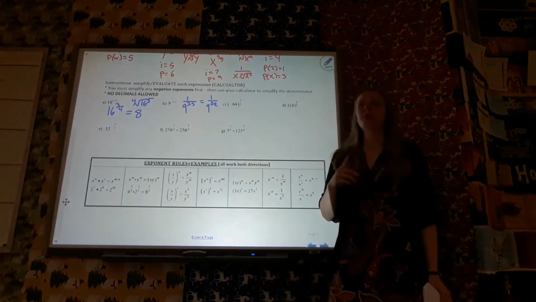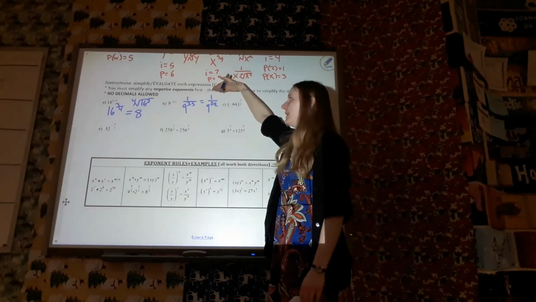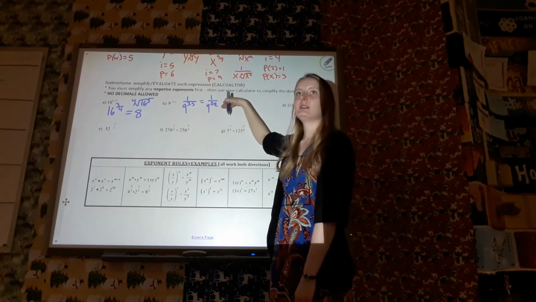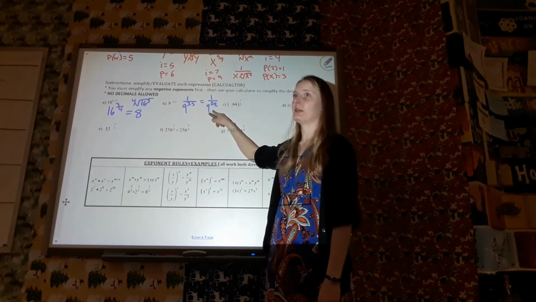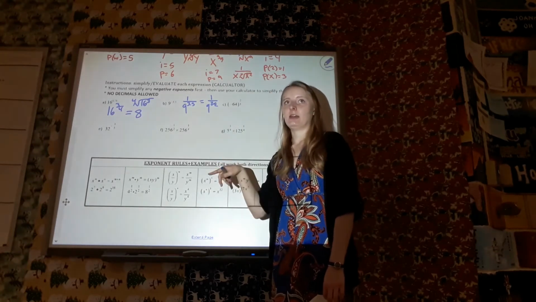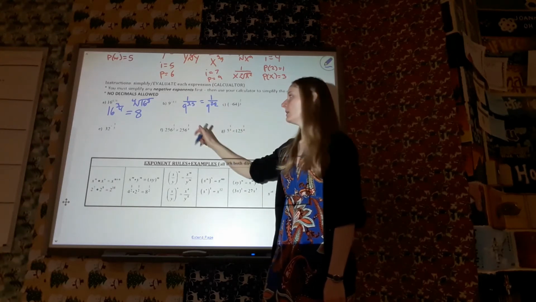Now, the way you're going to put this in your calculator, again, I want to keep it as a fraction. Do I already know what 1 is? Yeah. 1 is 1. Do I know what 9 to the 7/2 is as a number? No. So that's what you have to put in your calculator. Do not do 1 divided by 9 to the 7/2. Just find out what 9 to the 7/2 or 9 to 3.5 is.